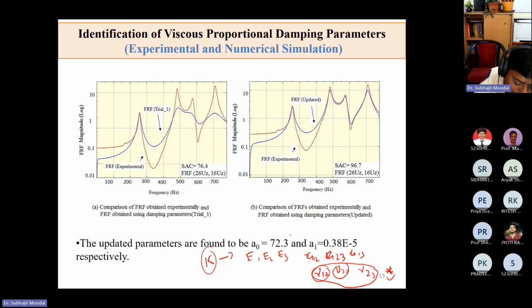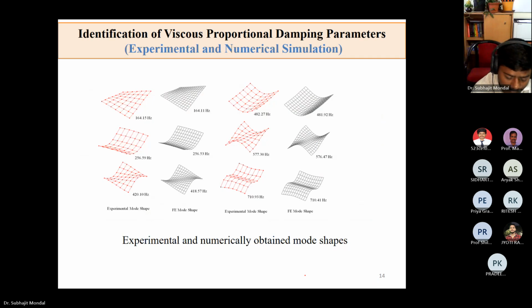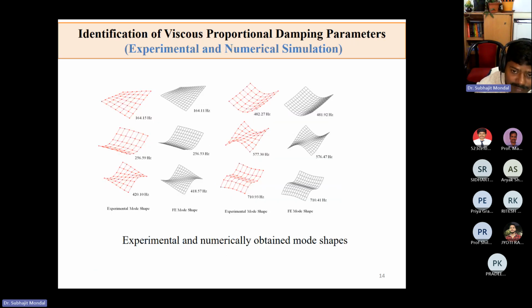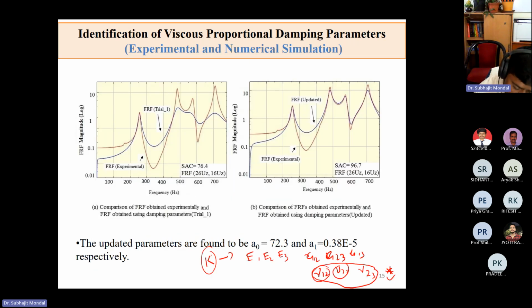Now you will observe that if you're using a plate, say a simple plate which you are modeling using the equivalent layer theory, in that case you will observe that E3 and the parameters related to the thickness direction do not have an effective role.